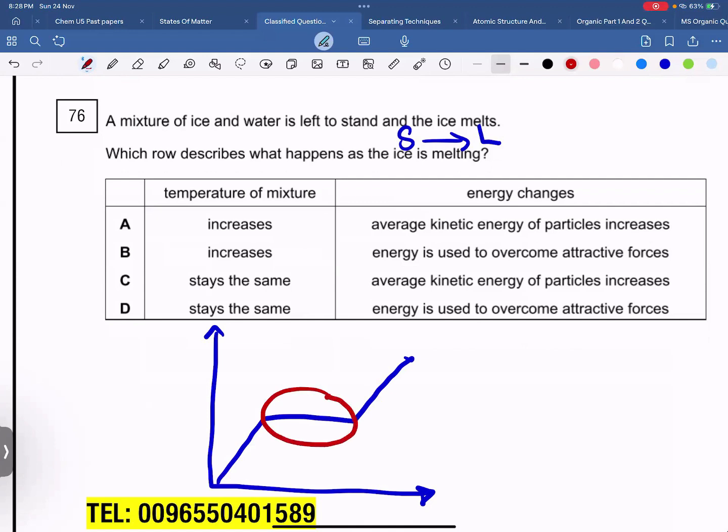At this region, temperature remains constant and energy increases because energy is used to overcome forces of attraction between particles. So the answer is D. Temperature does not change, but only energy increases because it is used to overcome forces of attraction between particles.